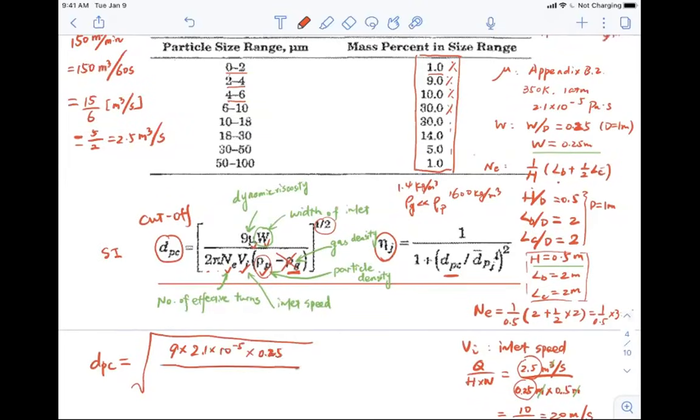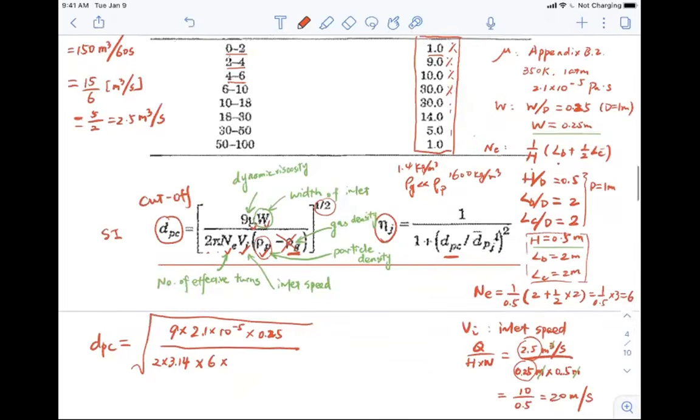And then in the denominator, you have 2 multiplied by 3.14 multiplied by NE, that's 6, and then the VI, that's 20. And then you multiply 1600 minus 0. Okay, so we can just assume that the air density is close to 0 because that's too small. Okay, so this is the equation that we eventually got.